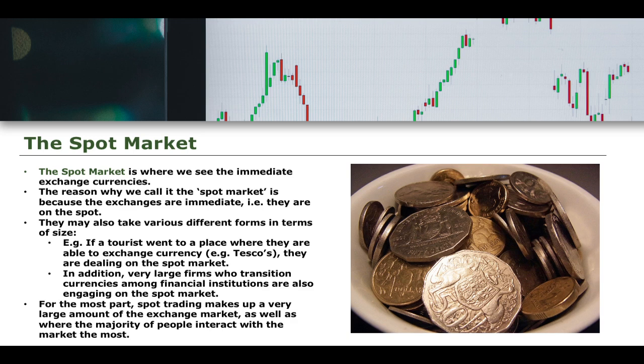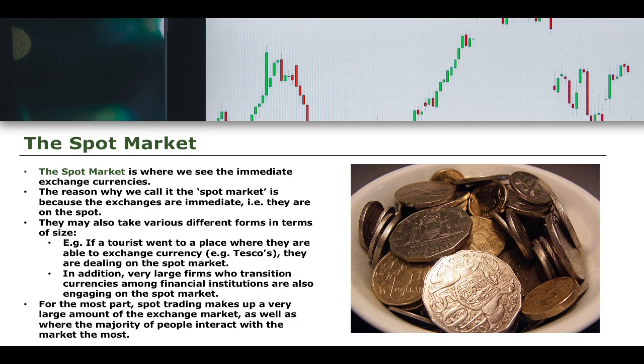So the majority of trades, like individual trades, regardless of value, will often take place on a spot market and probably will often take place on quite small spot markets, the kind of things that a tourist would go and look at, where somebody who is a sort of layperson is interacting within this particular currency exchange.